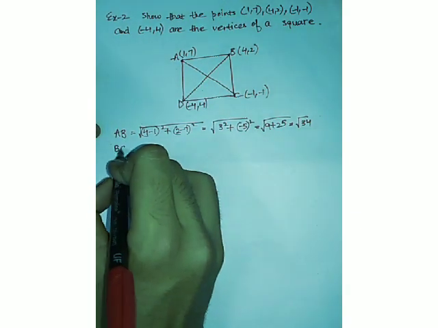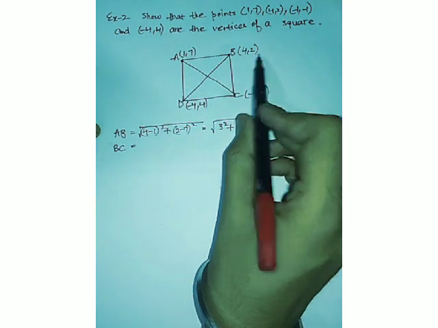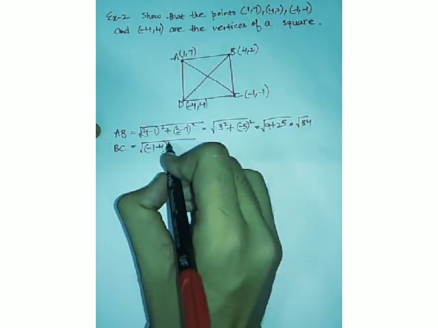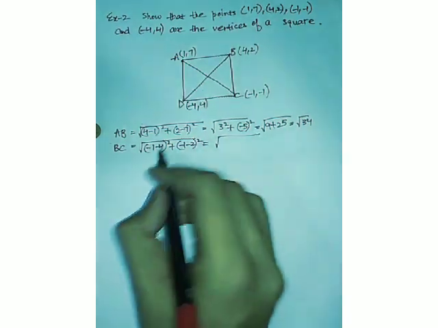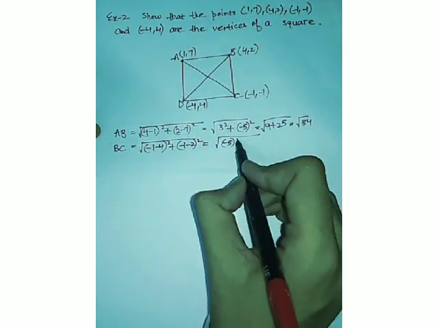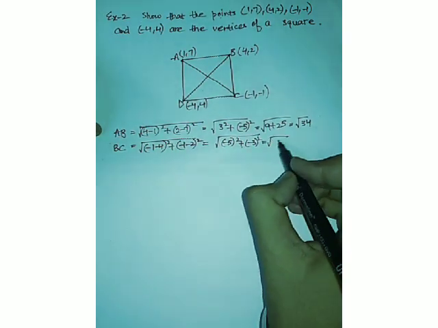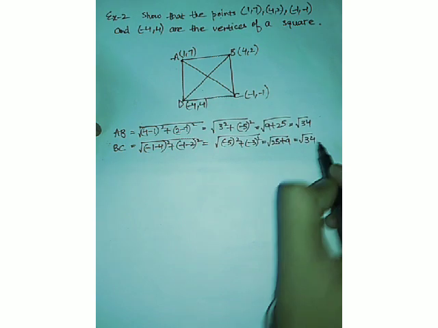Let's find BC. Now this is x2 y2, this is x1 y1. Apply the formula: minus 1 minus 4 whole square plus minus 1 minus 2 whole square. You will get minus 5 whole square plus minus 3 whole square. After solving you will get 25 plus 9, that is again root 34.